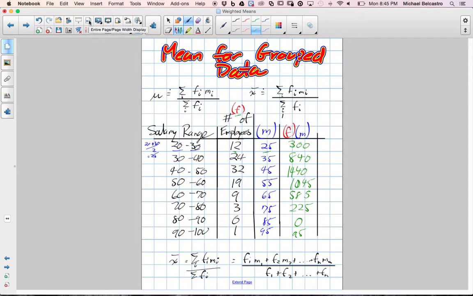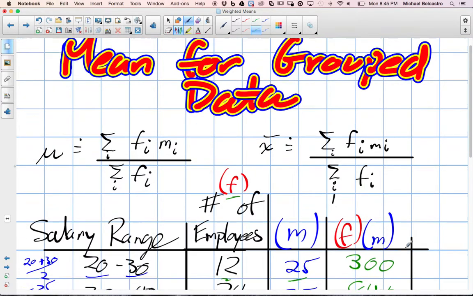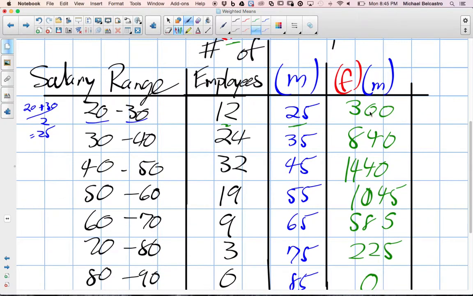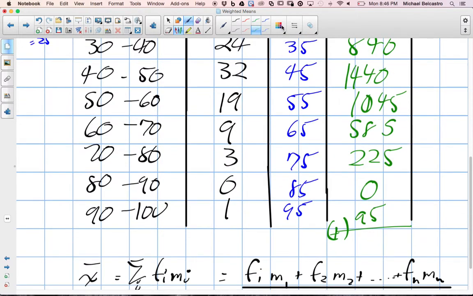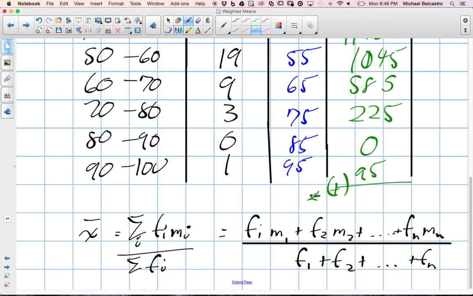So now that we've done that, those are essentially all of our values, and what we have to do is find the sum. We can add these all together and get a sum, and that will be our top value. I'll write this as the sum of Fi, and this one here is the sum of the frequency.